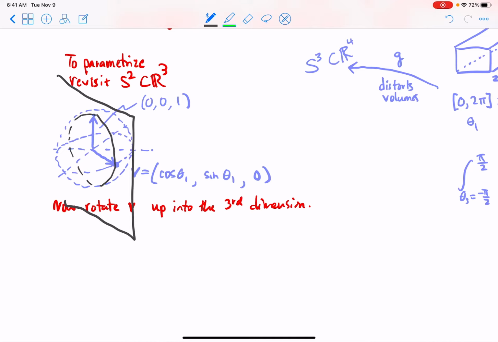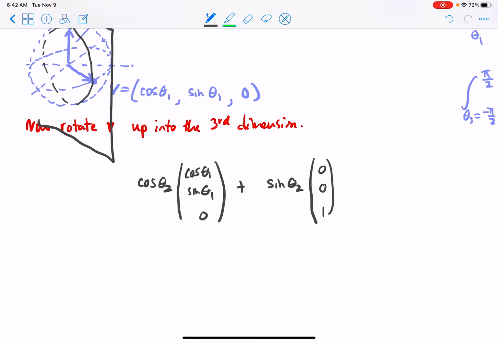And we're going to just rotate in that circle. Okay, so we're going to take cosine of a new angle, theta 2, the rotation up or down in that circle, times V, plus sine of theta 2 times, well, this second dimension of our plane that we sliced.